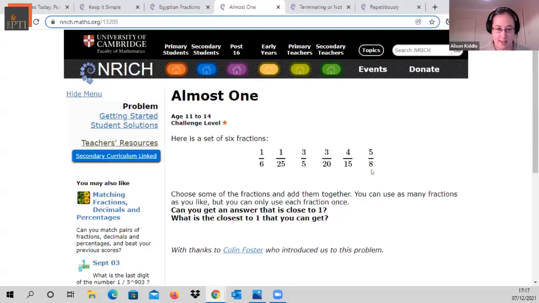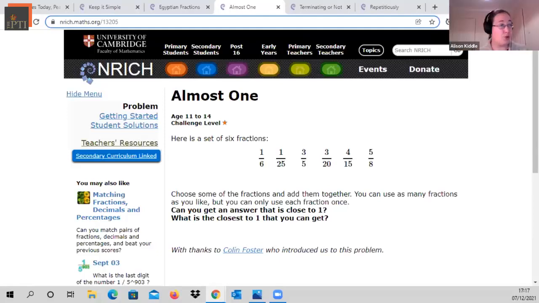They get to an answer that has some sort of purpose. Yeah, so they're not just following a rule. There is an element of following the rule, but there's also an element of choice about what kind of strategy they have to solve this problem. And that makes it a much more interesting exercise than one which just says, add these fractions together.